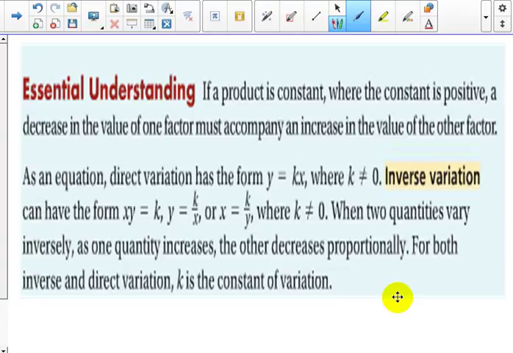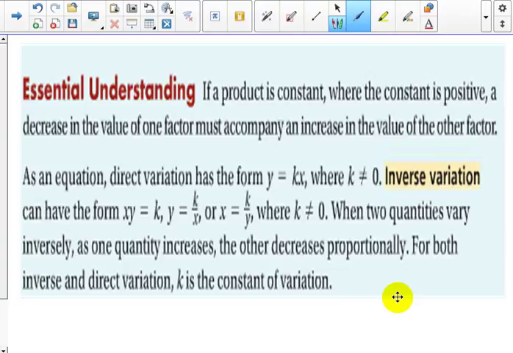So they're related. And we talked about this in Algebra 1 to introduce slope. We talked about direct variation, remember that? So that comes into play.